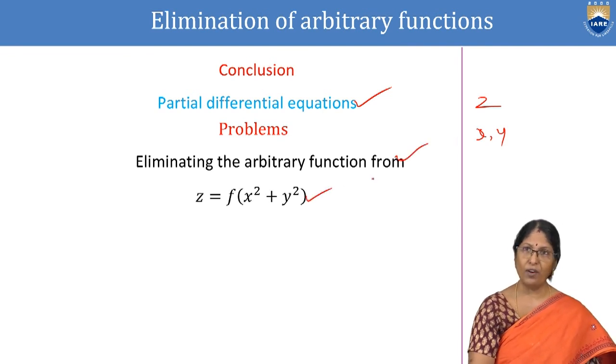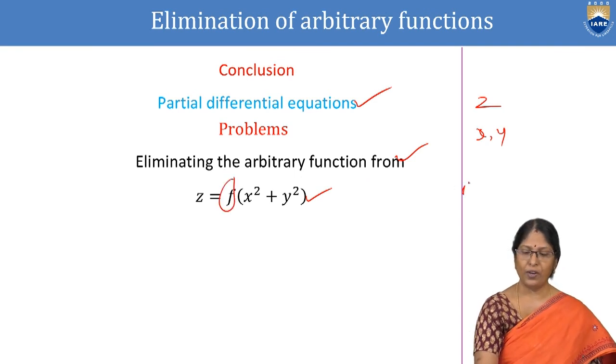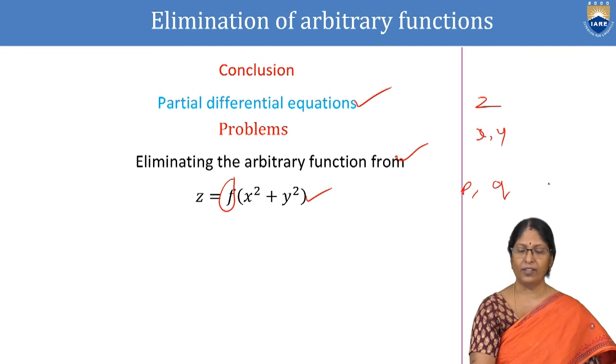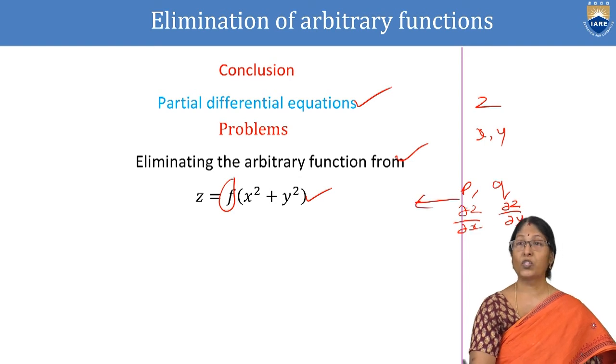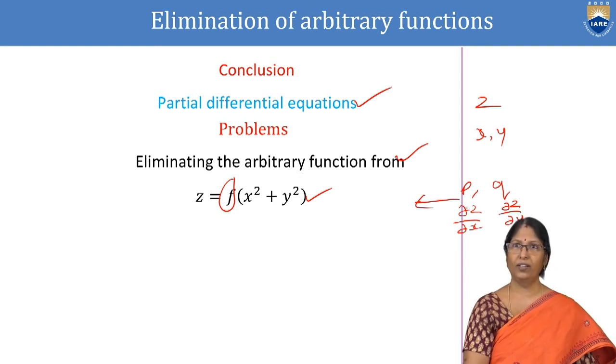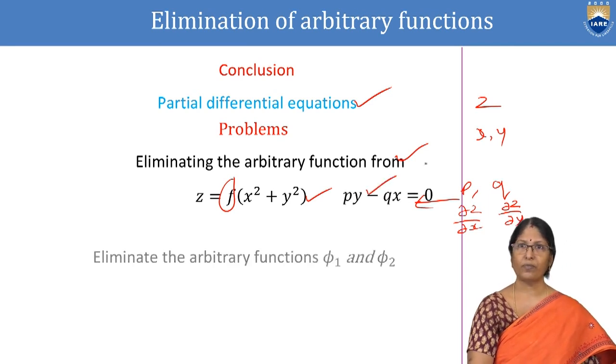Here only one function is there. So p and q, they are concentrated, that is ∂z/∂x, ∂z/∂y. We stopped up to first order because only one function is there, and we got the solution.